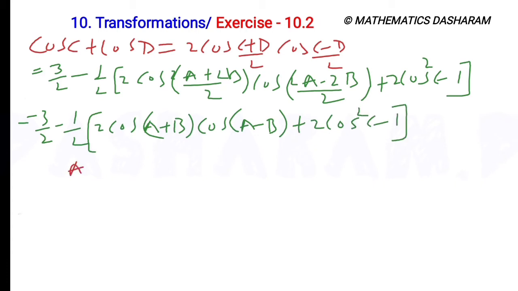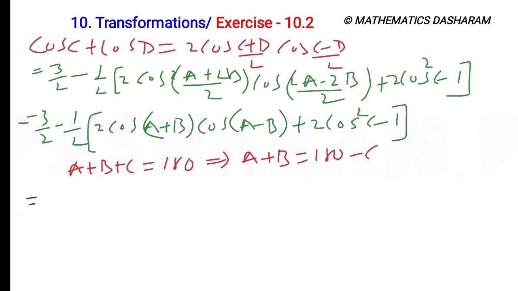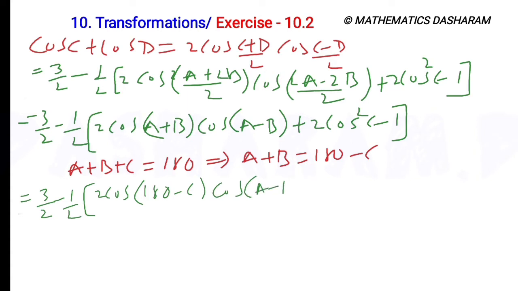In the question it is given that A plus B plus C equals 180 degrees. So from this, A plus B equals 180 minus C. Then it is equal to 3 by 2 minus 1 by 2 into 2 into cos, in place of A plus B substitute 180 minus C, into cos (A minus B) plus 2 cos square C minus 1.